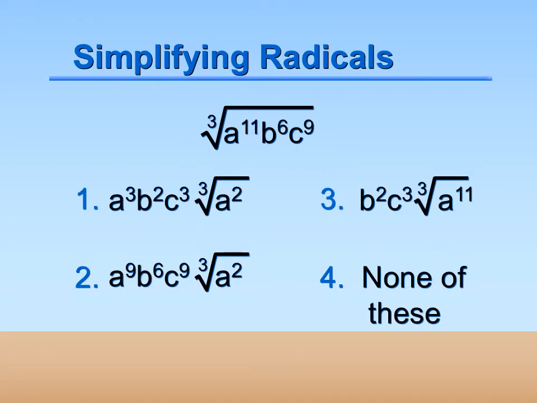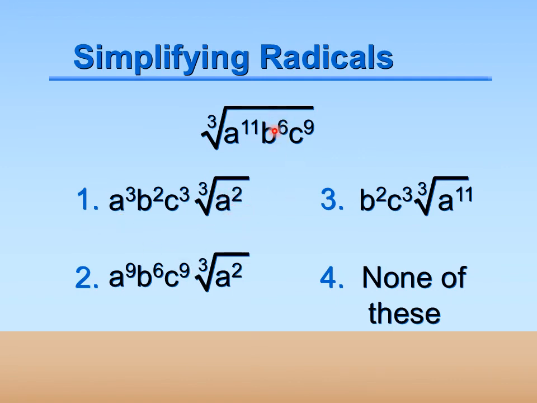So let's practice. We need the cube root of a to the 11th, b to the 6th, and c to the 9th. So a to the 11th is going to give us 3 groups of a to the 3rd, because that's 9 a's, and then we are left with an a squared on the inside. So we pull out a to the 3rd, and a squared stays on the inside.